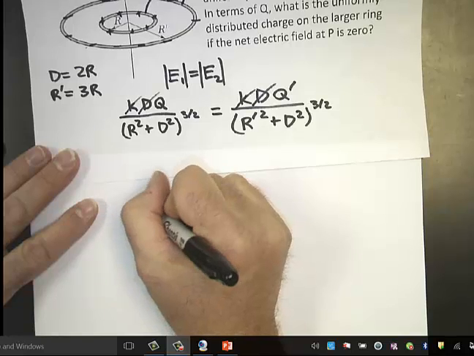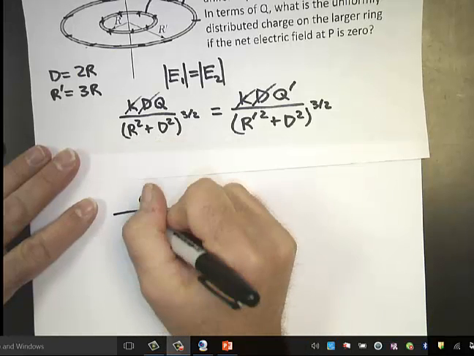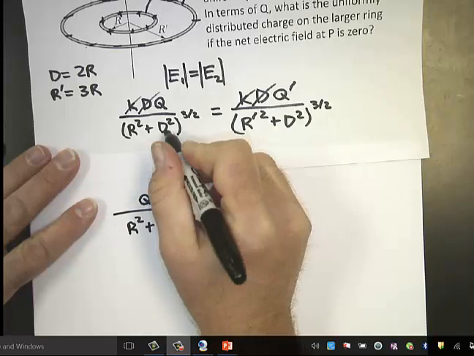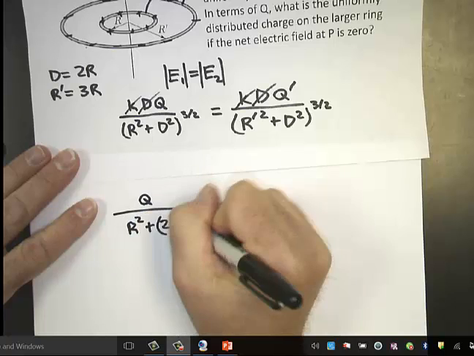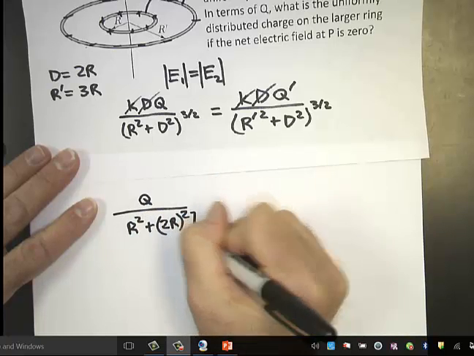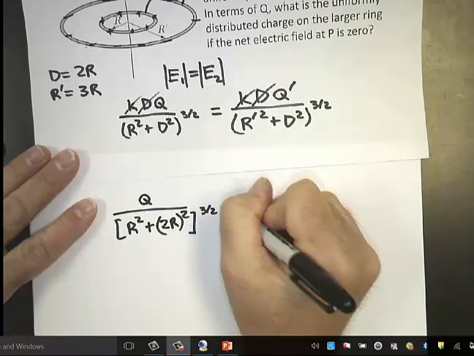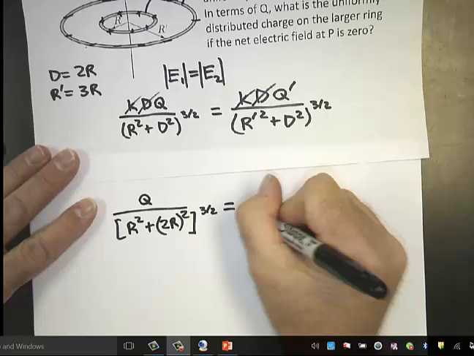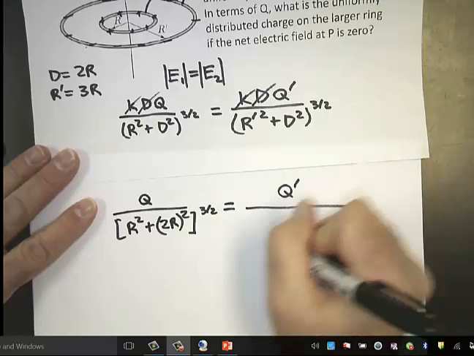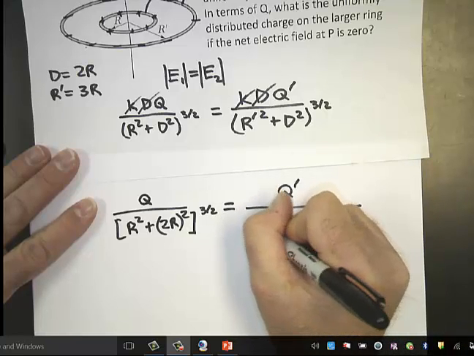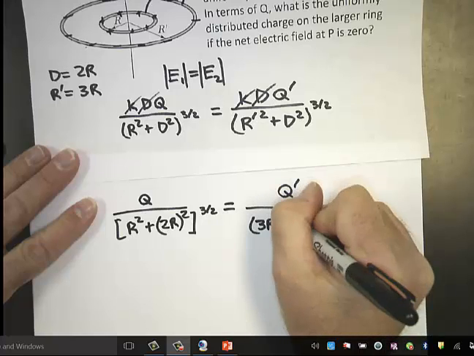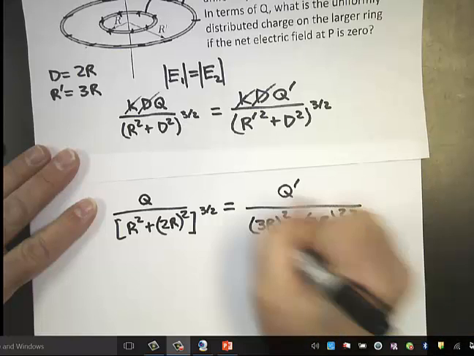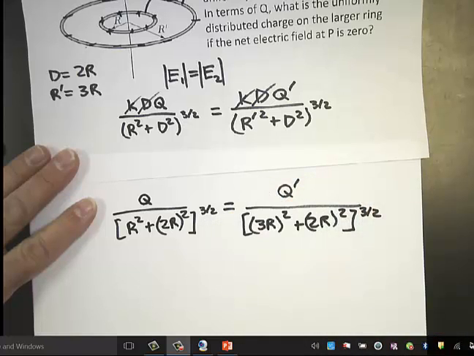On top here, I've got Q. On the bottom, I'm going to have (R squared plus 2R squared) to the 3/2. All I did was replace d with 2R. On the other side, I've got Q prime, and R prime is 3R, so (3R squared plus 2R squared) to the 3/2 power.